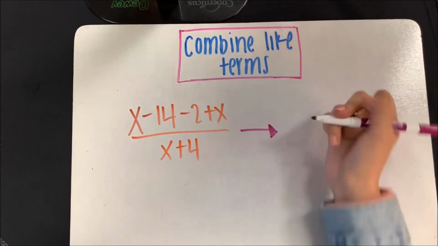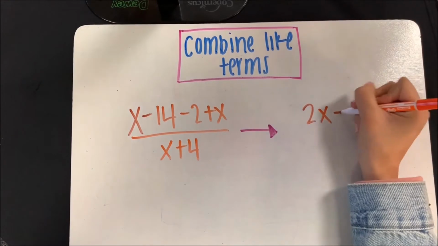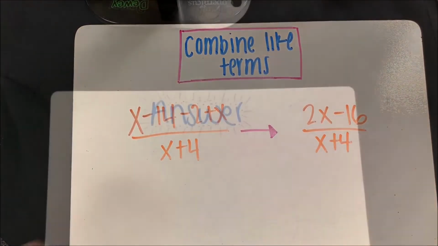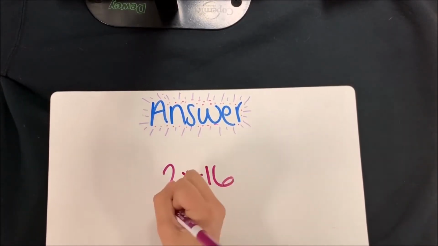After we distribute the negative, we have to combine the like terms to simplify, and that turns into 2x minus 16 over x plus 4.